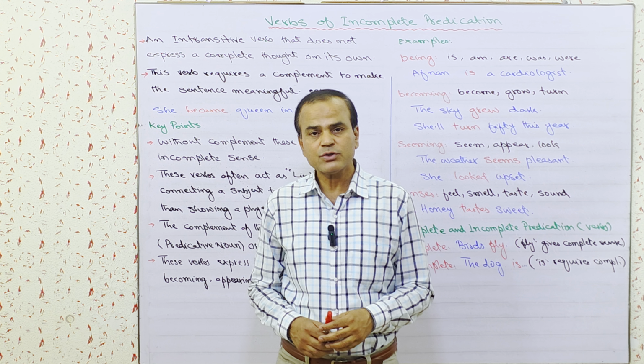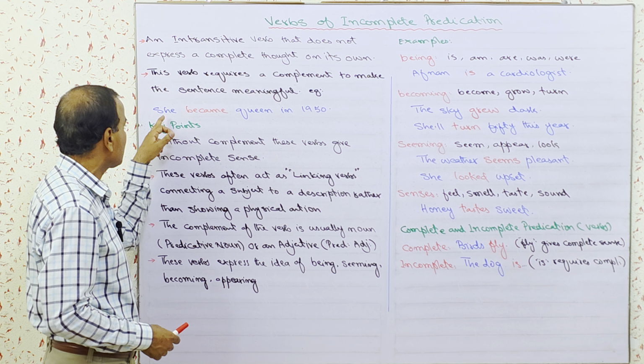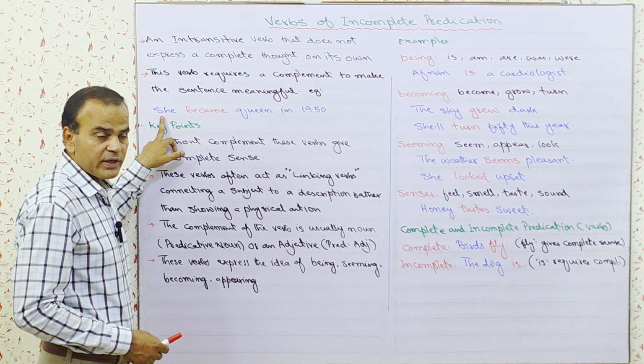They serve as a link between the subject they are used with and the other word that describes the subject. The subject in this sentence is she and the complement in this sentence is queen. Queen is the description, it gives more information about she, that who is she?